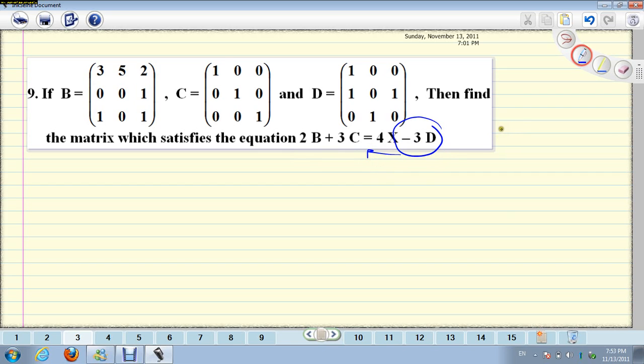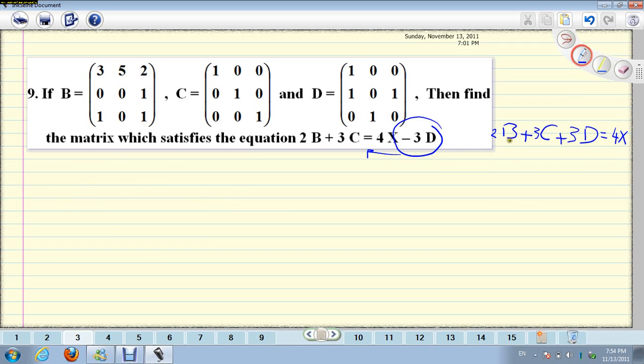So I'm gonna write it here. 2B plus 3C plus 3D equals 4X.